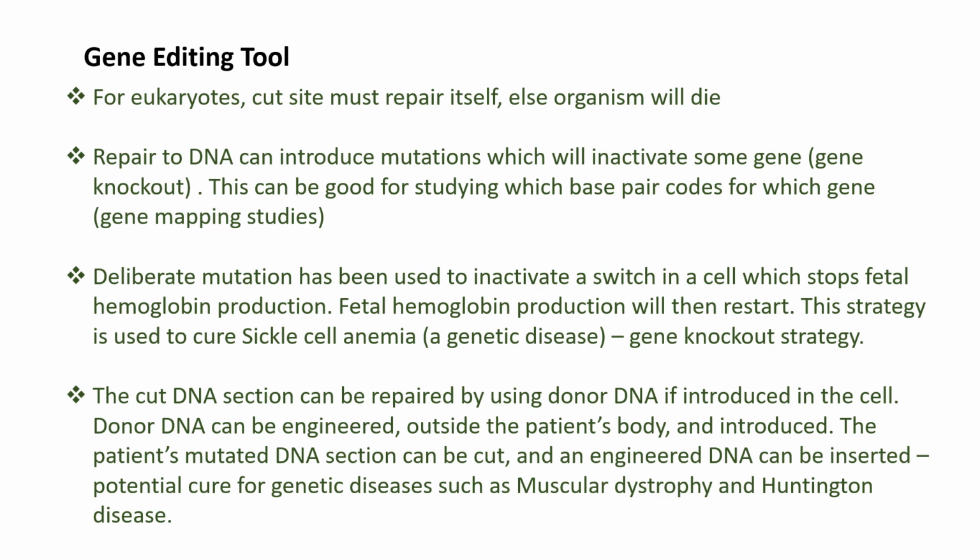So, researchers will know which gene is responsible for which phenotype. This is gene mapping study. Scientists can introduce an engineered gene in the patient to correct the mutated ones. After CRISPR-Cas9 cuts the DNA, the engineered gene gets inserted in the cut region. Such therapy can cure MD and Huntington's diseases.